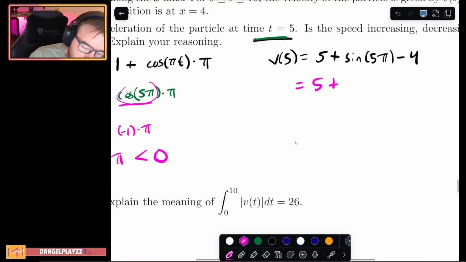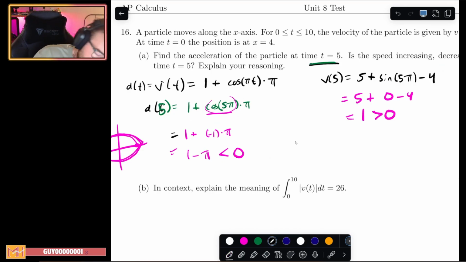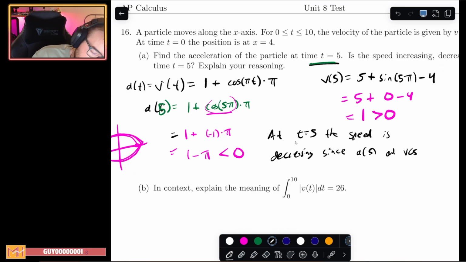So this is 5 plus 0 minus 4, which is 1, which is clearly positive. So at t equals 5, the speed is decreasing since a of 5 and v of 5 have opposite signs.